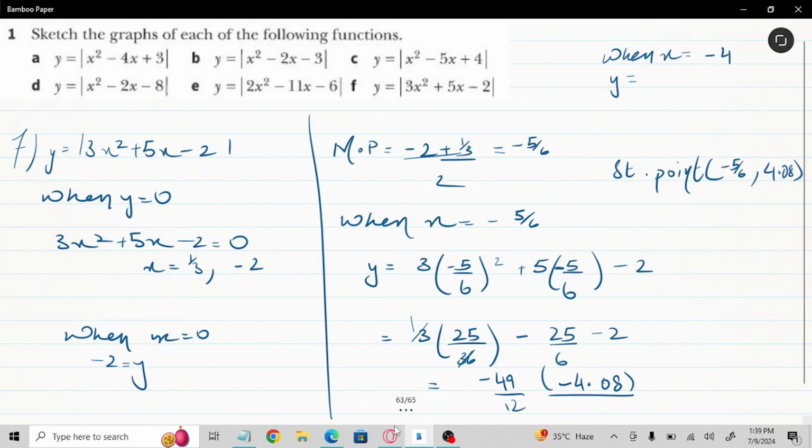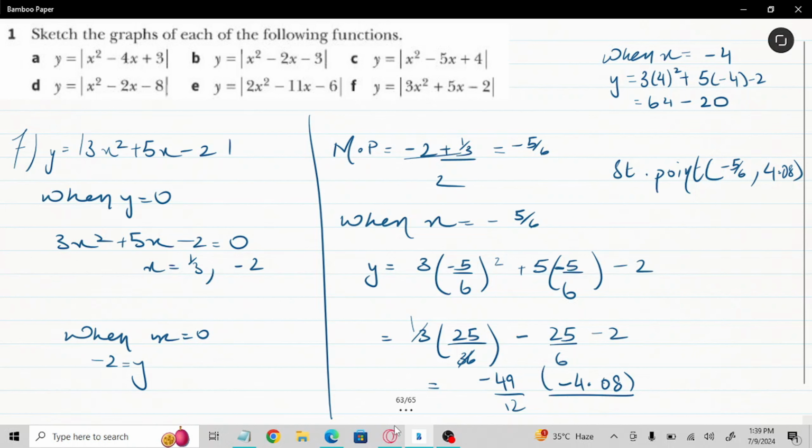So 3 multiplied by -4 squared is going to be multiplied by positive 4 squared actually, because it's 16 multiplied by 4 is 64, plus 5 multiplied by -4, minus 2. That's going to be 64 minus 5 4s are 20.